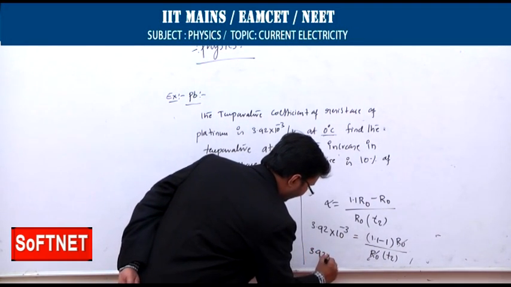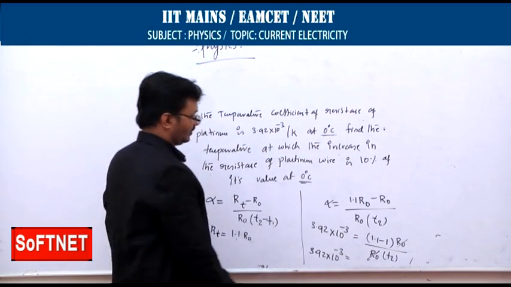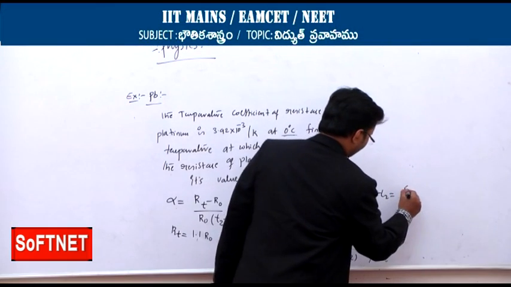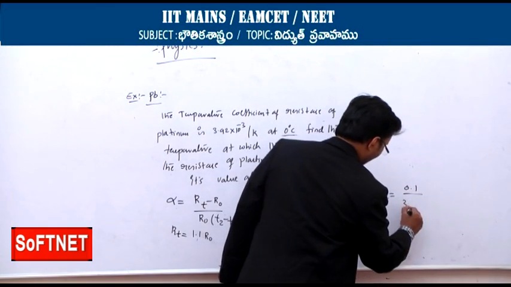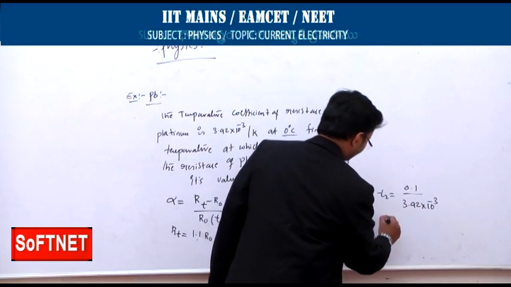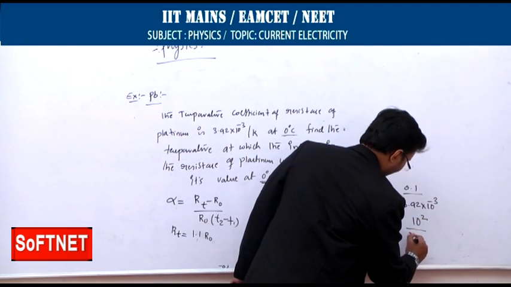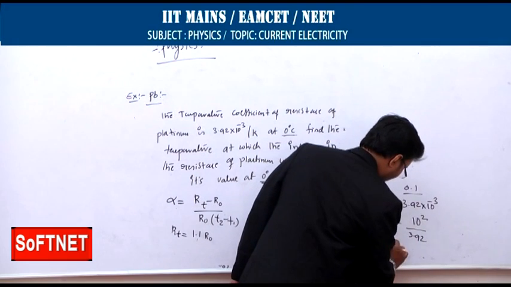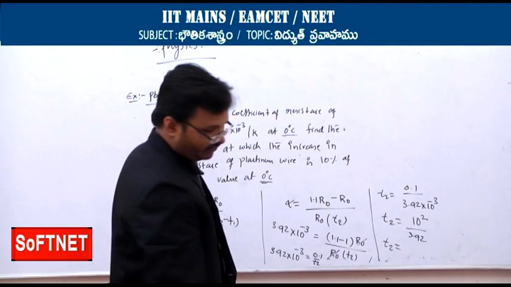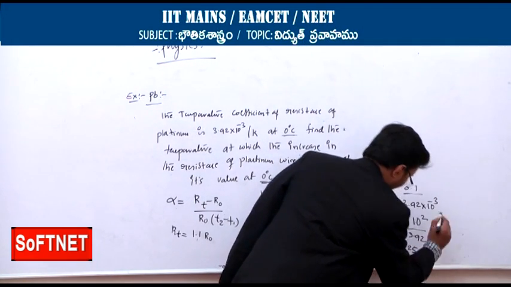Then 3.92 into 10 power minus 3 is equal to 0.1 by T2, so T2 is 0.1 by 3.92 into 10 power minus 3. By solving this, we get T2 as 25.51 degree Celsius.